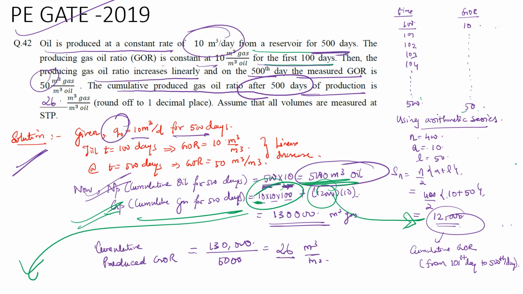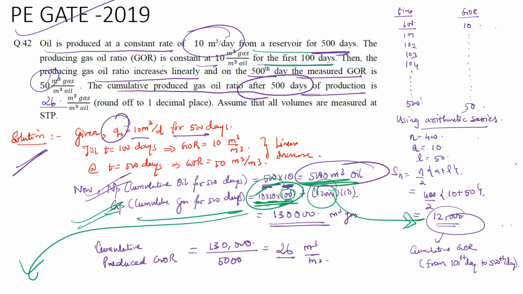On multiplying my GOR with oil I get the gas for 1 day, and multiplying by 100 I get my cumulative gas for the first 100 days.